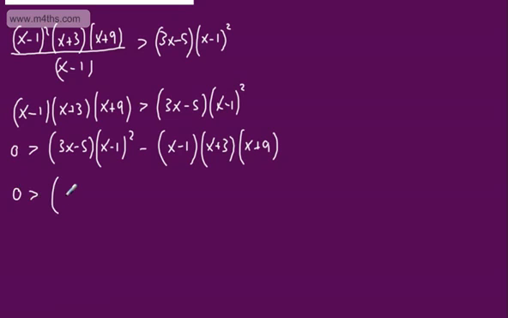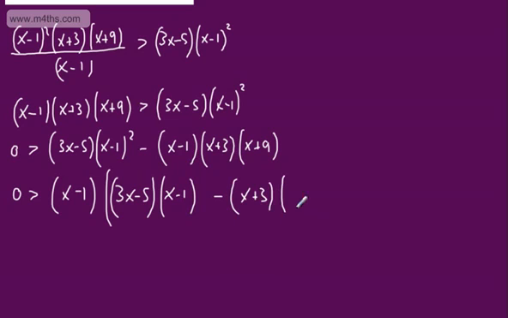So 0 is greater than x minus 1, which is common to both. That leaves us now (3x-5)(x-1), and now we've taken the x minus 1 out, so we're left with the (x+3)(x+9). So we've got now 0 is going to be greater than x minus 1.